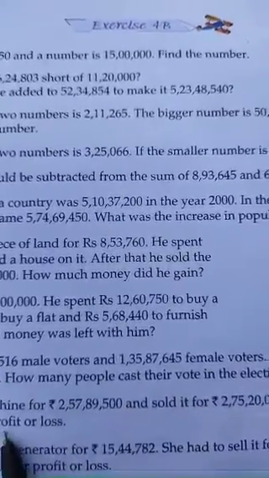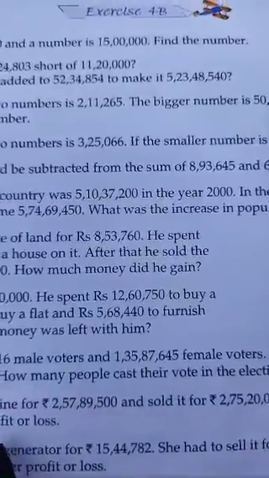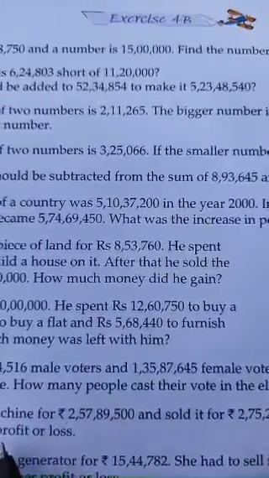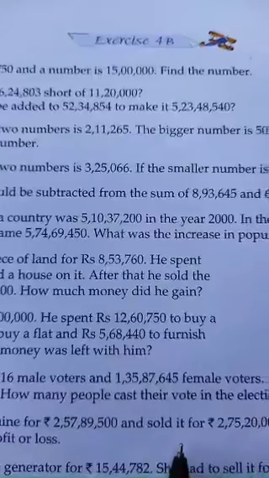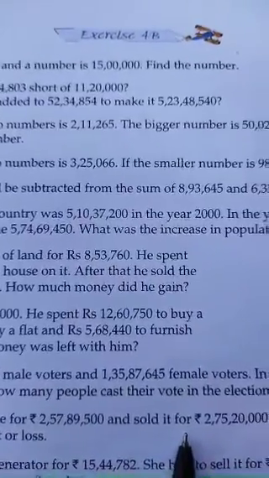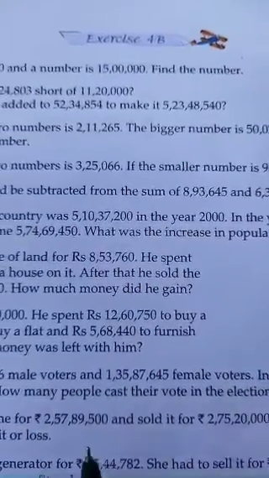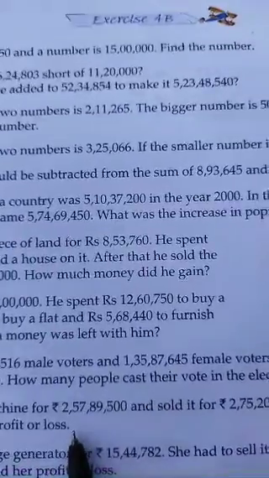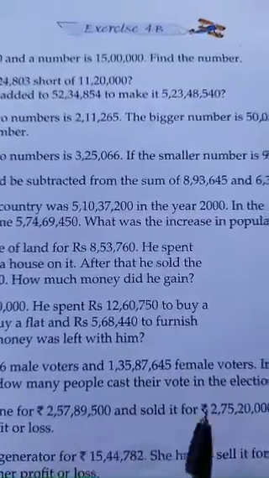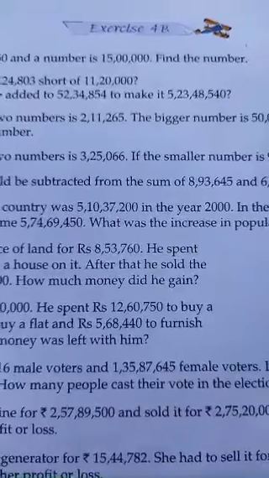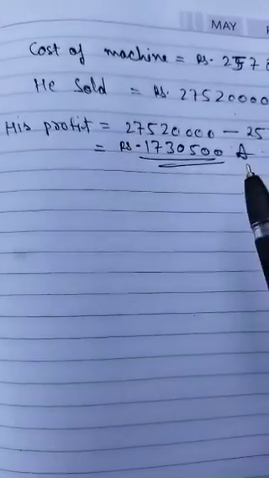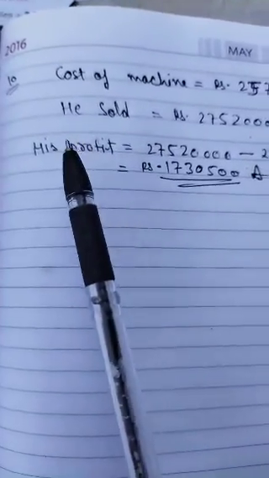So he got a profit, and then how can you find out the profit? The amount that he bought the machine for will be subtracted from the amount that he sold the machine for. So both numbers will be subtracted and you will get your profit. See, this is how you have to do this.